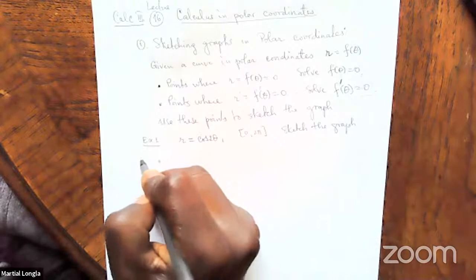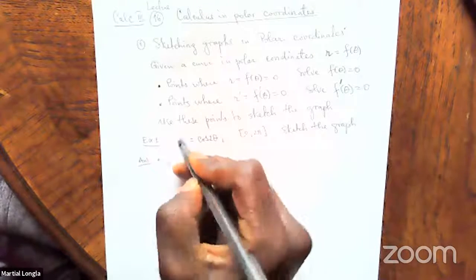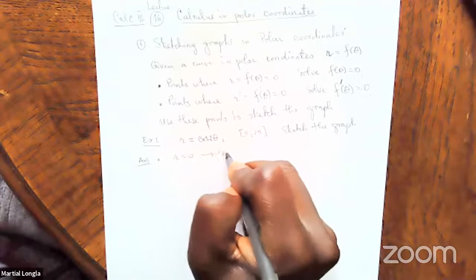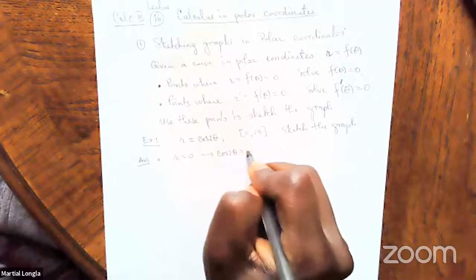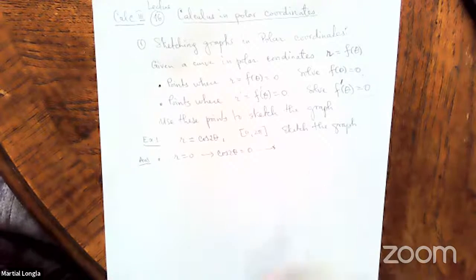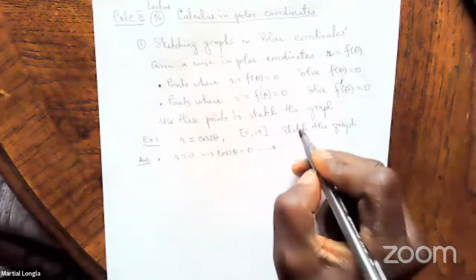Then you will say, okay, let me solve r equals 0, which means cosine of 2 theta equals 0. What are the angles where cosine 2 theta equals 0? That's 2 theta equal what?